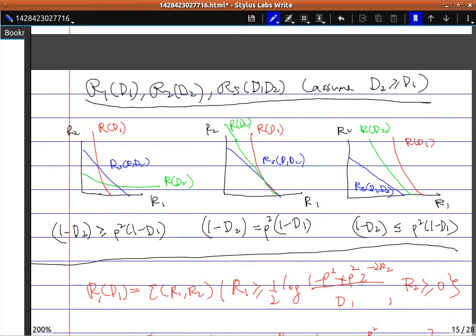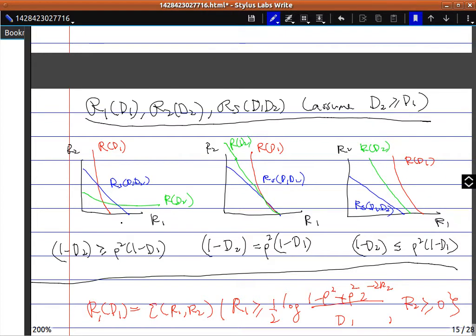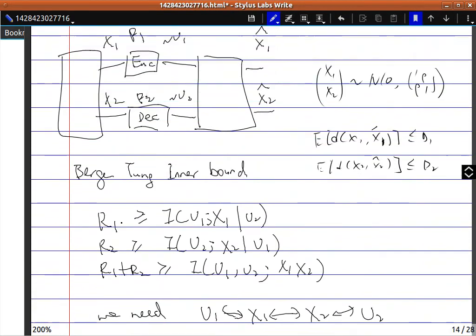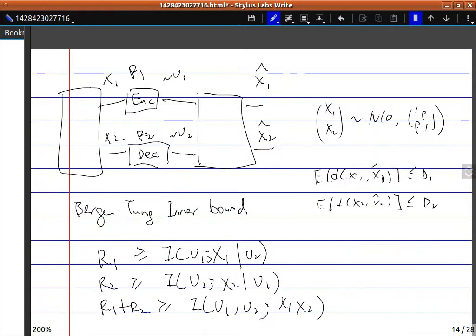The shape of the region will depend on the target distortions, D1 and D2, and also the correlation rho. Rho is the correlation coefficient between X1 and X2, in the sense that we are assuming X1 and X2 are jointly Gaussian with zero mean and a covariance matrix [1 rho; rho 1]. So we are assuming X1 and X2 have the same variance of 1.